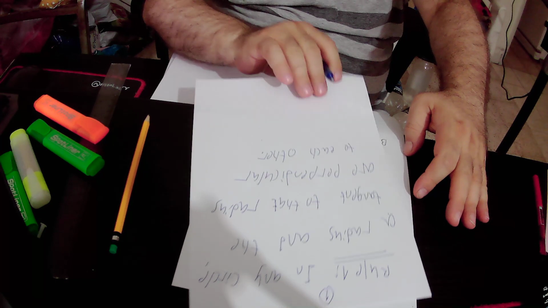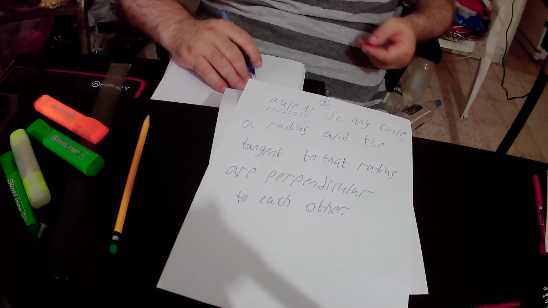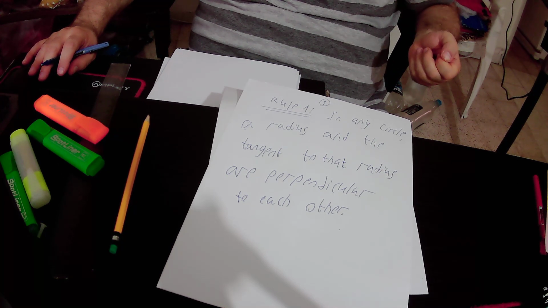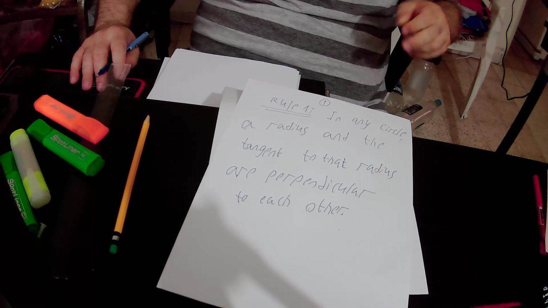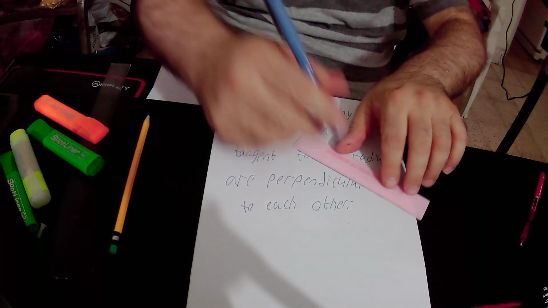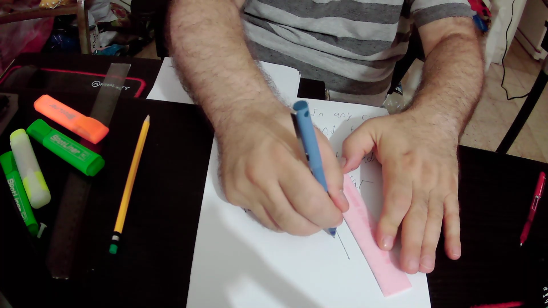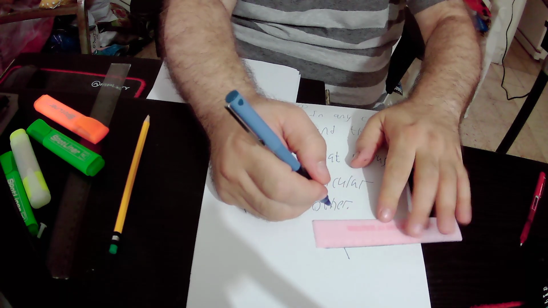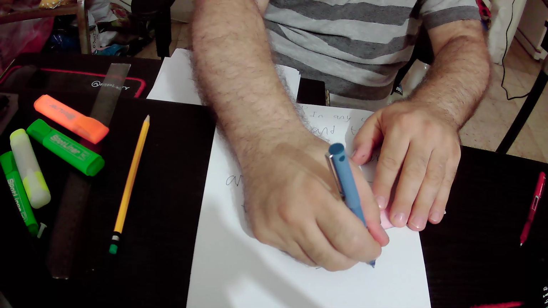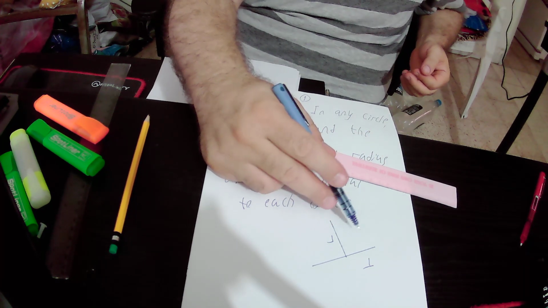So I will read rule number 1 again. Rule number 1 states that in any circle, a radius and the tangent to that radius are perpendicular to each other. So actually, if we have a radius, let's call it R, and we have a tangent to that radius, let's call it T, then the radius is perpendicular to its tangent.